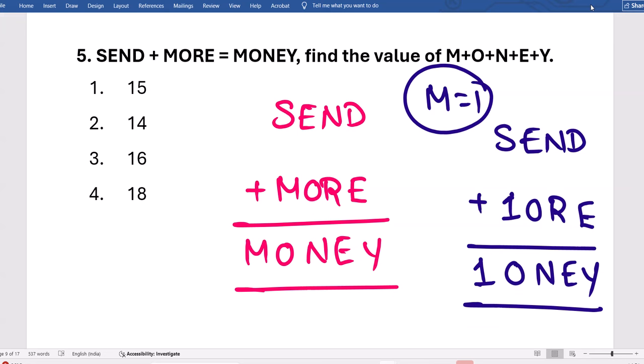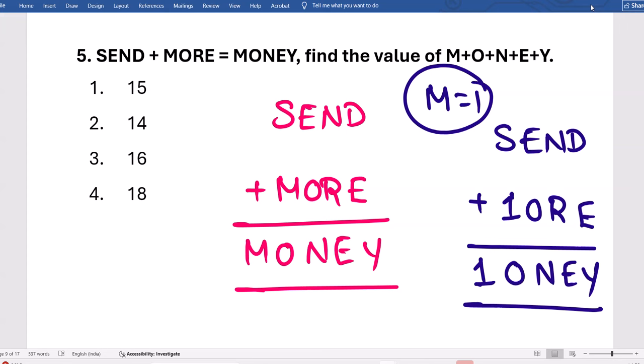S. S value must be 9, or can it be 8? Why 8? E plus O can generate a carry. E plus O can give a carry of 1 or 0. If a carry of 1 comes, S can be 8. If there is no carry from the previous, S is 9.